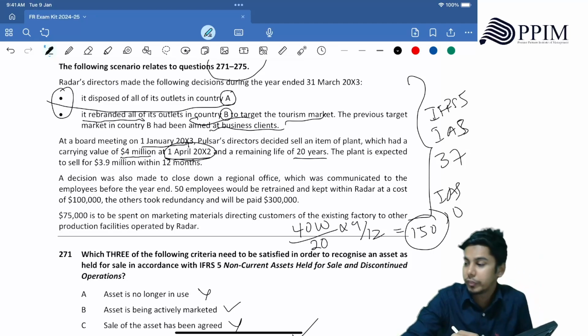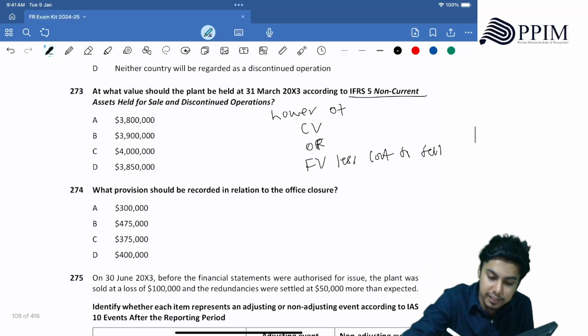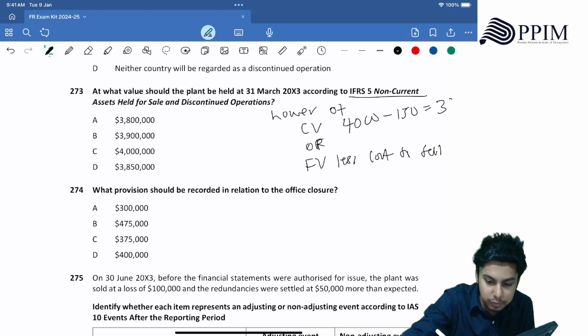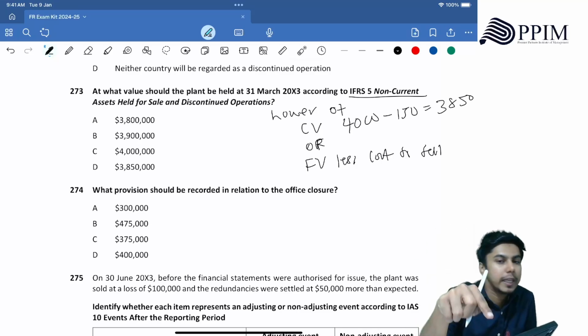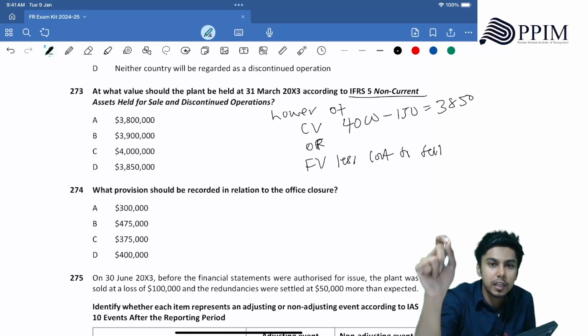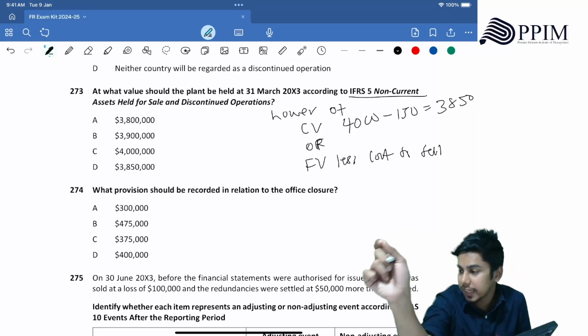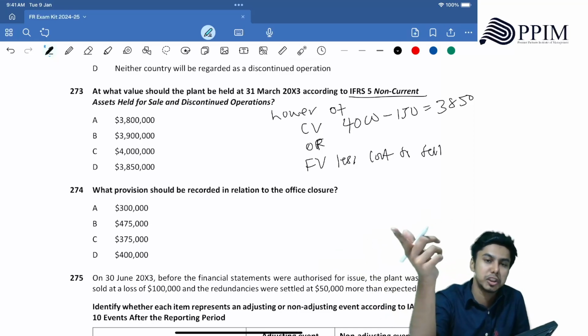So now, see, the carrying value of the asset is 4,000 minus 150, 3,850. That's the carrying value. They gave the carrying value in April, but we decided to classify it as held for sale in January, 9 months later. So for 9 months, you have to calculate another depreciation.